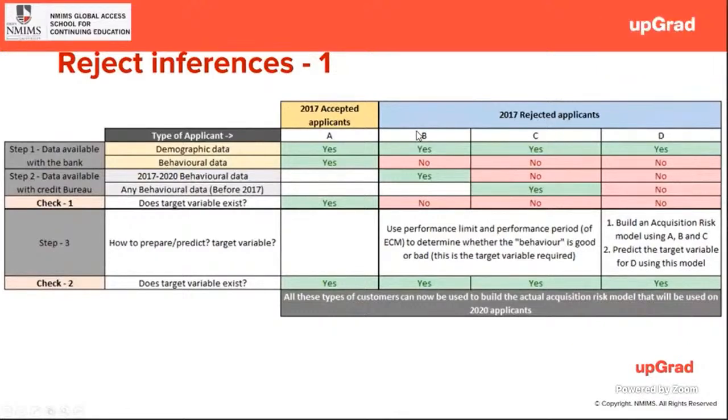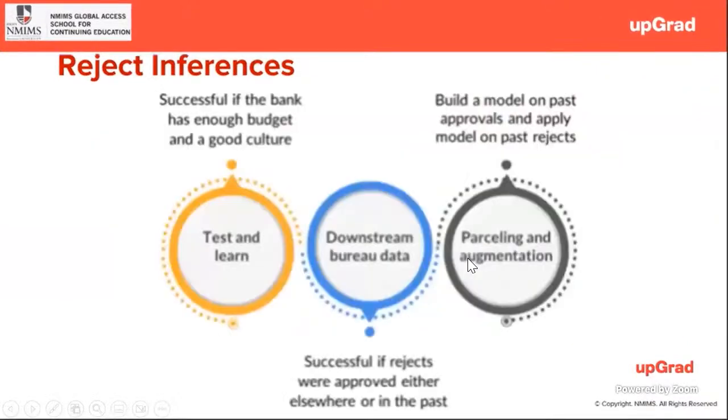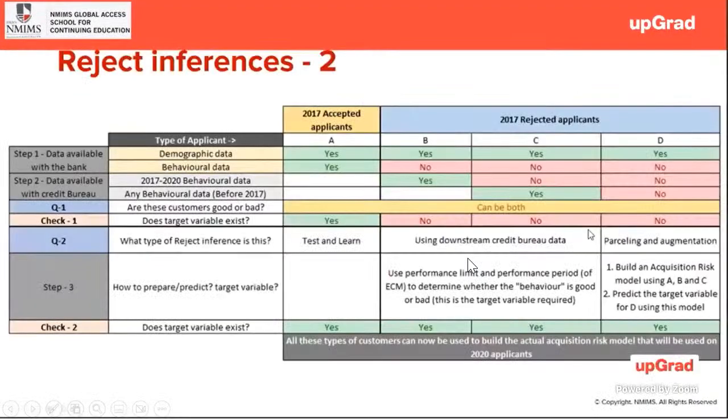We have also identified the same. B and C will come under downstream bureau data, and D will come under parceling and augmentation.